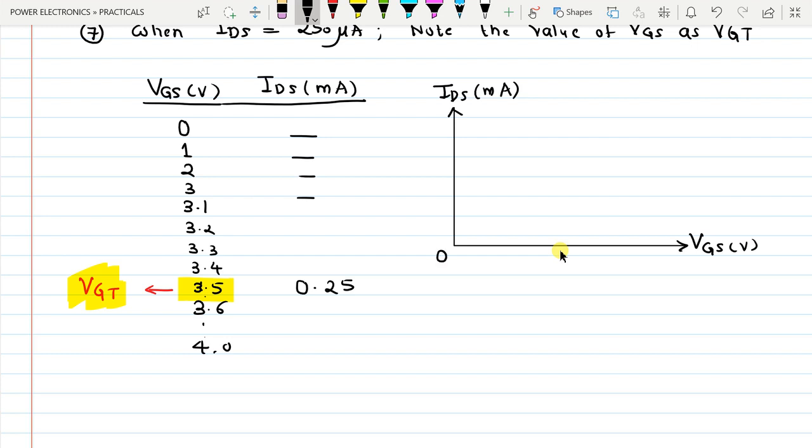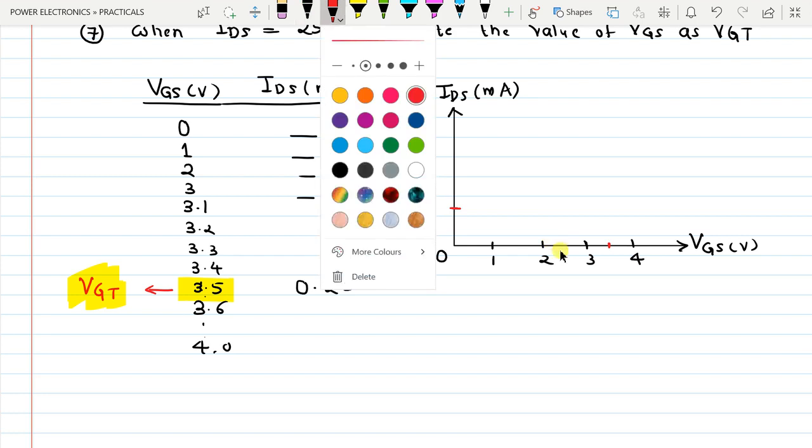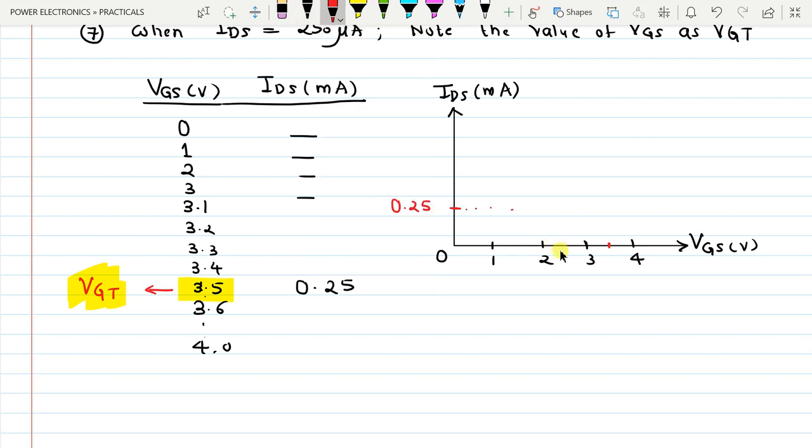So it is 0, 1, 2, 3, and 4. Somewhere here at 3.5 you get 0.25 milliamperes. The graph will go something like this and almost becomes constant.